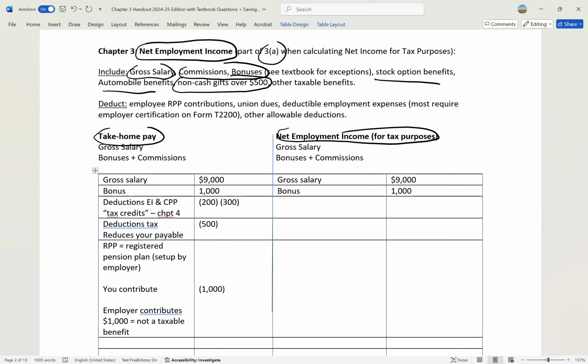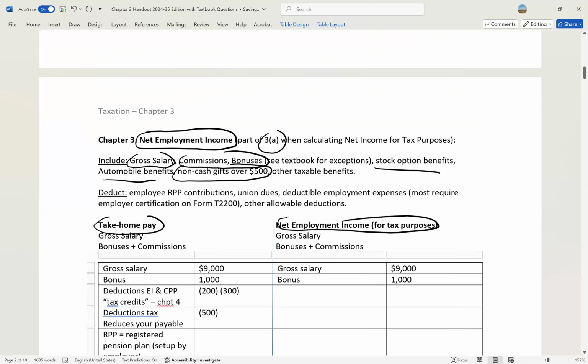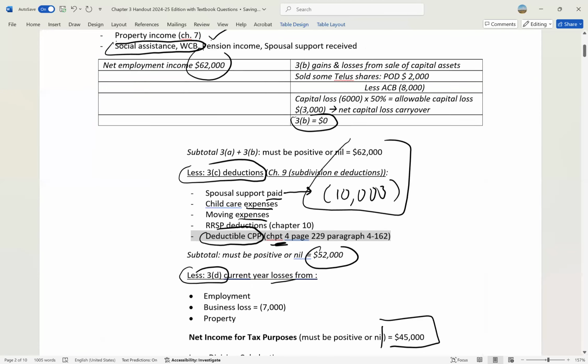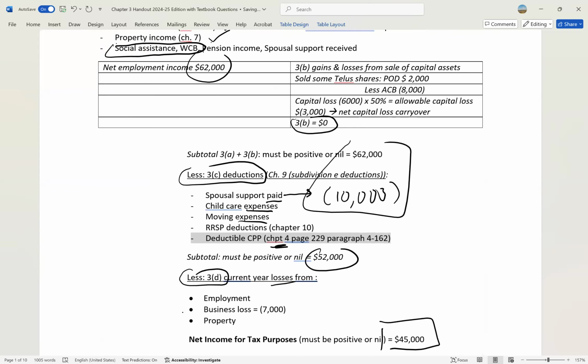The government of Canada is trying to encourage Canadians to save for retirement. And so if we go back to the first page here, that's why when you put money into an RRSP, you get a deduction. You get a 3C deduction. Now there are rules as to how much you can contribute. We'll see that in chapter 10.